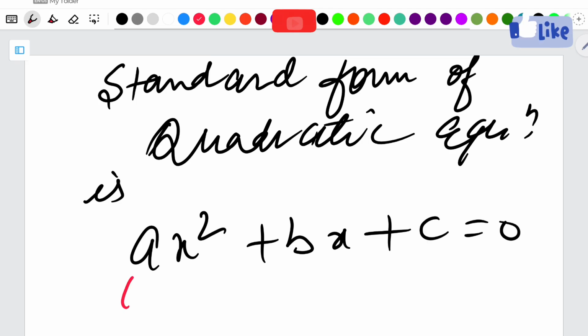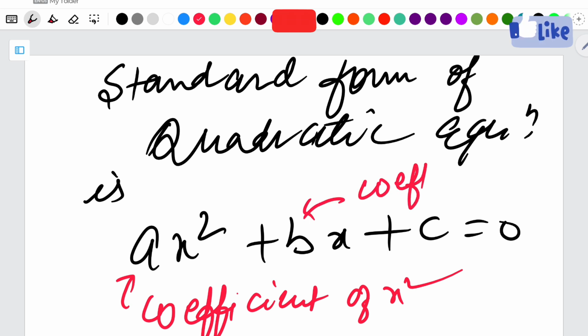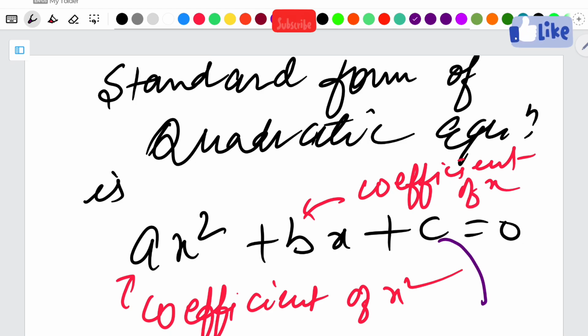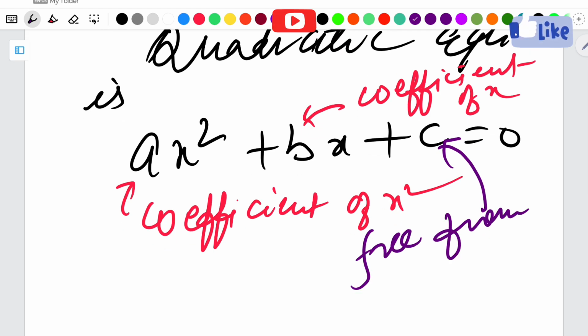Now this a is the coefficient of x², this b is the coefficient of x, and this c is free from variables, that is, constant.